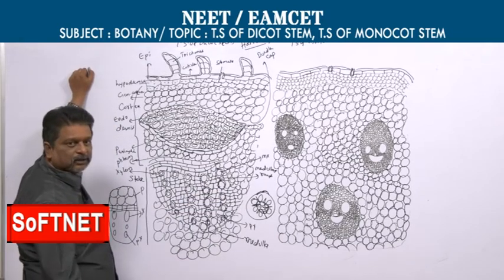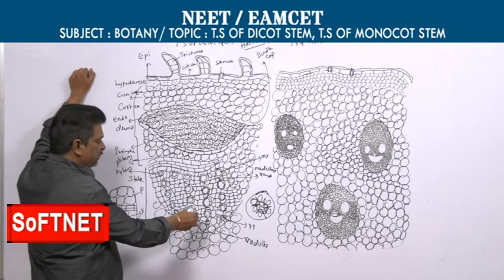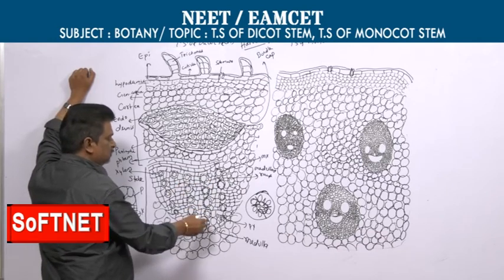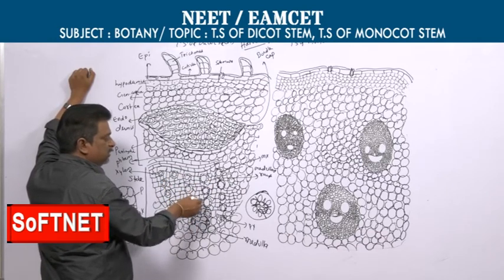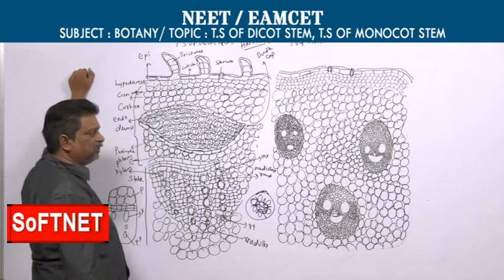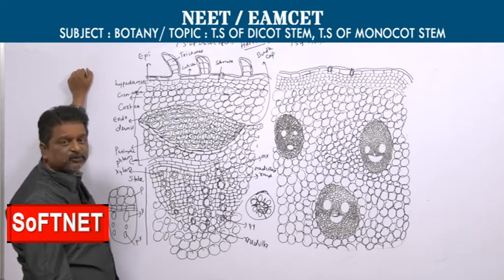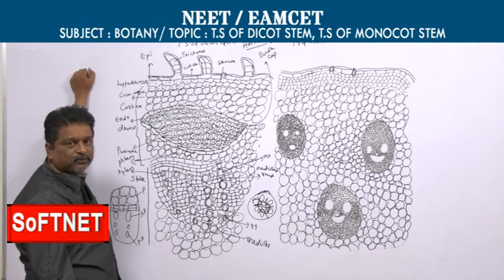What is the function of medullary rays? Generally medullary rays are parenchymatous, and they help in radial conduction. And at the time of secondary growth, these medullary cells by dedifferentiation produce interfascicular cambium.